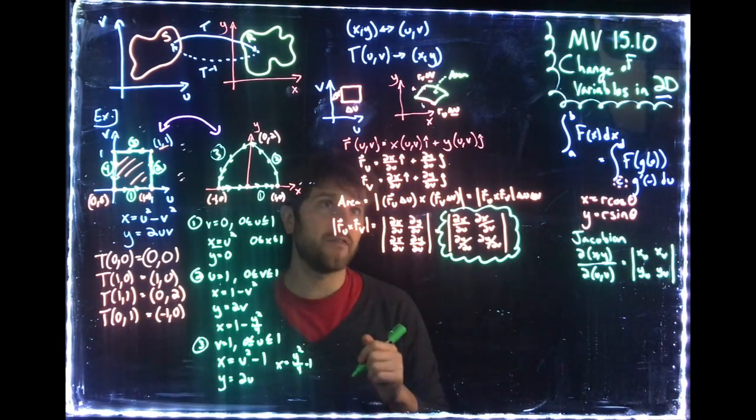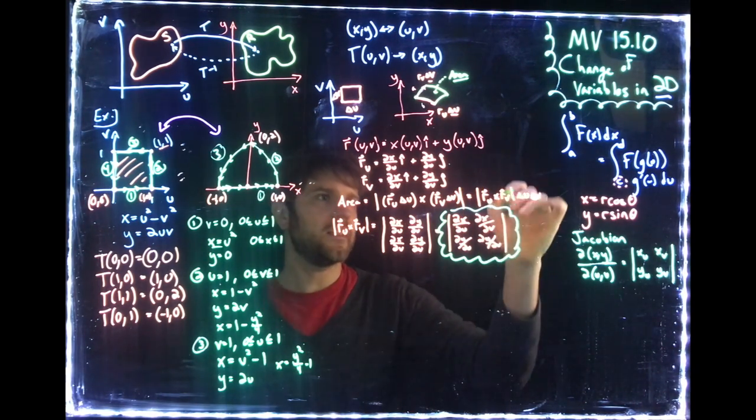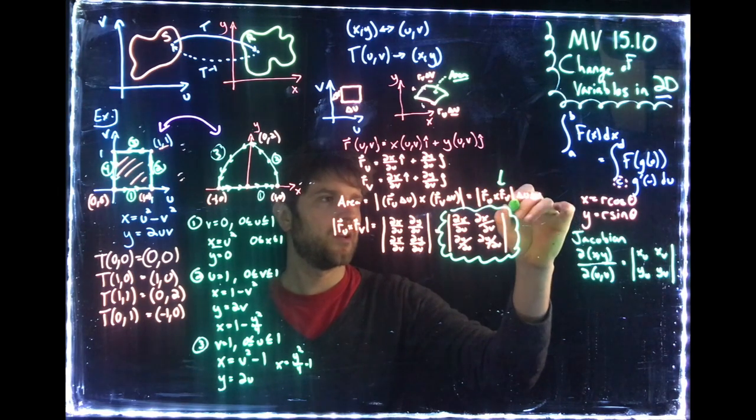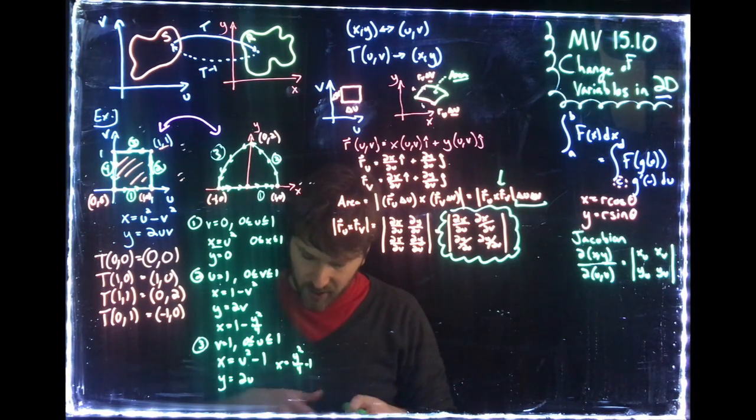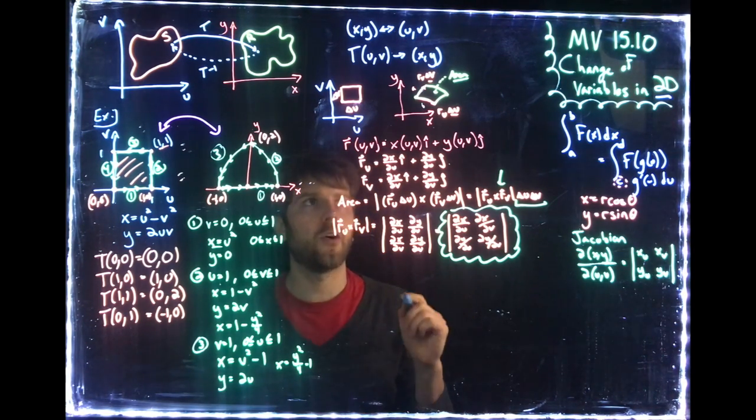And the power of this thing is, notice that the area of this little section is the Jacobian times delta u delta v. And what that means is that we can actually rewrite our integral.